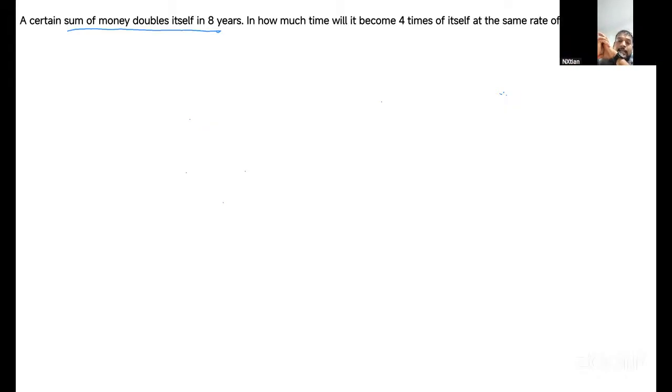So if we take the principal as P, the interest will also be P. So interest of 4 years together is half the principal. No, it's equal to principal. Okay, interest of 4 years equals principal. So interest of 1 year would be P divided by 4.